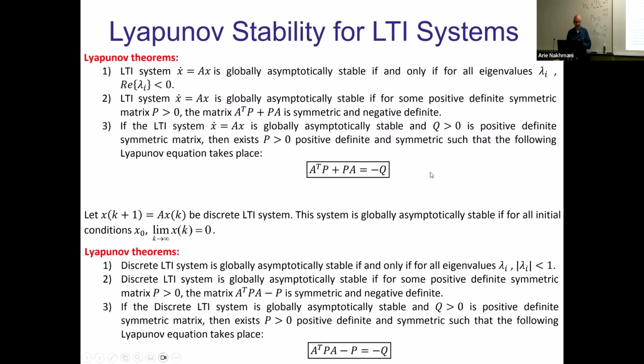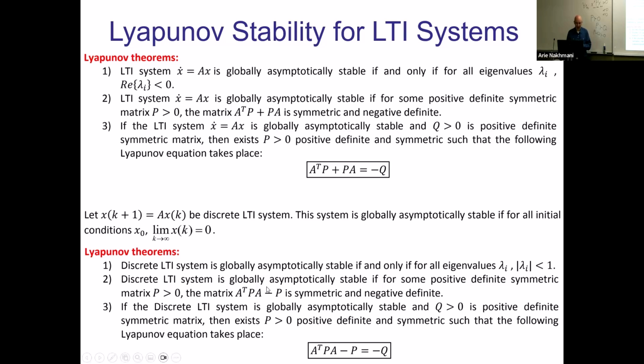Now, you have a very similar theorem using just a different matrix equation. So a discrete time LTI system is globally asymptotically stable if for some positive definite symmetric matrix P, the matrix like that is symmetric and negative definite. All right, same theorem, just a different matrix here.